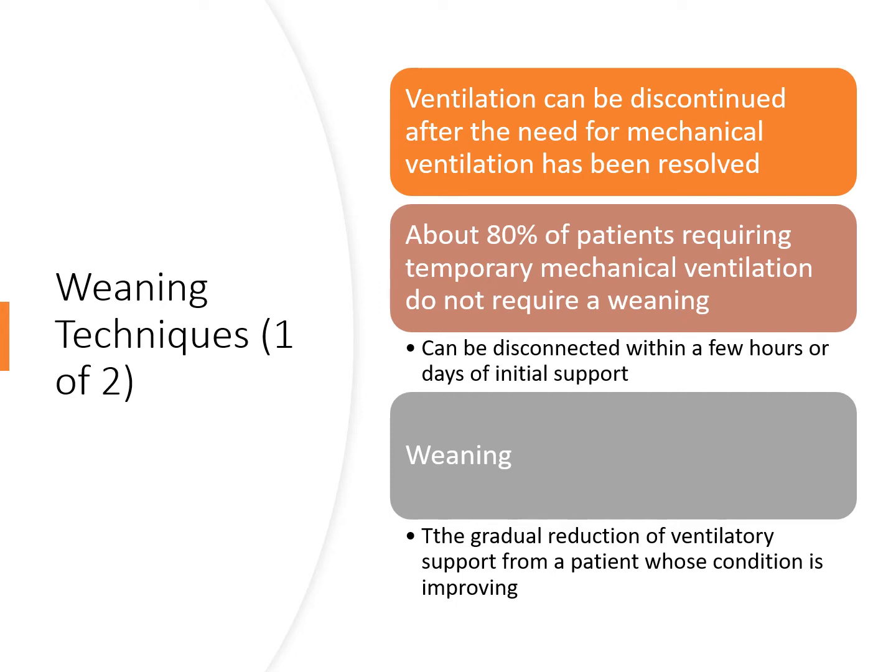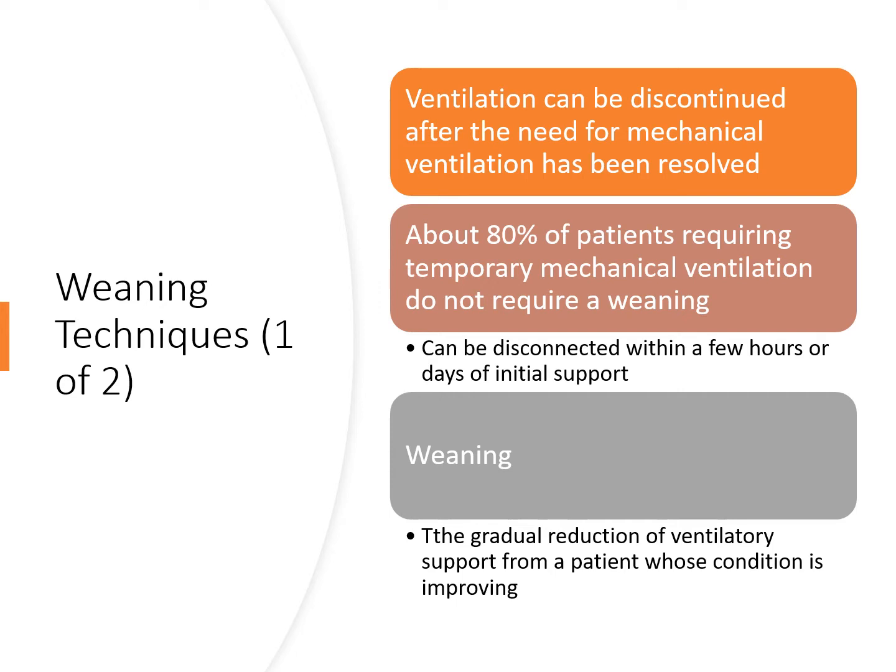So that's when we can consider discontinuing the need for it. So it's always important to know why this person's on a ventilator. Typically, a very straightforward maneuver for most patients when we're looking at weaning is to simply disconnect the ventilator from the patient and the endotracheal tube is removed. That is one way, right, that you could look at.